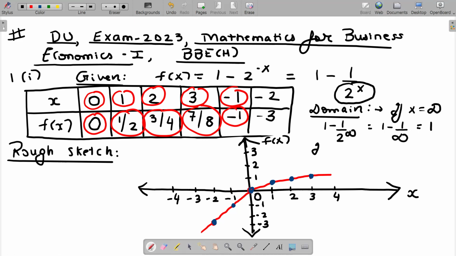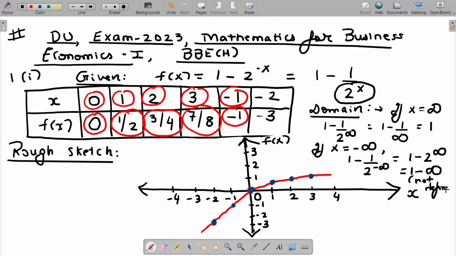But if x takes the value minus infinity, then it's going to be 1 minus 1 over 2 to the power minus infinity, which I can write as 1 minus 2 to the power infinity, which is infinity. So this is not defined. That means x cannot take the value minus infinity.